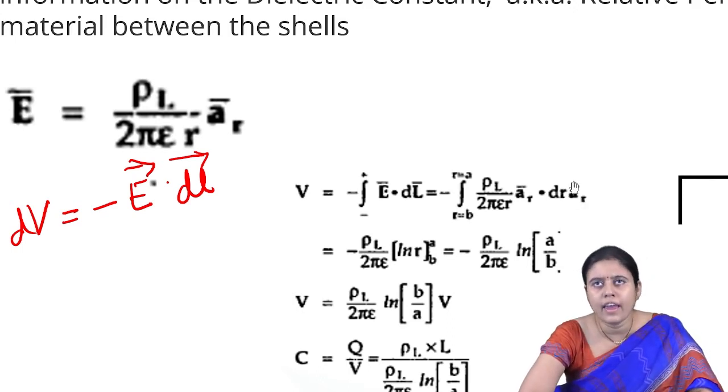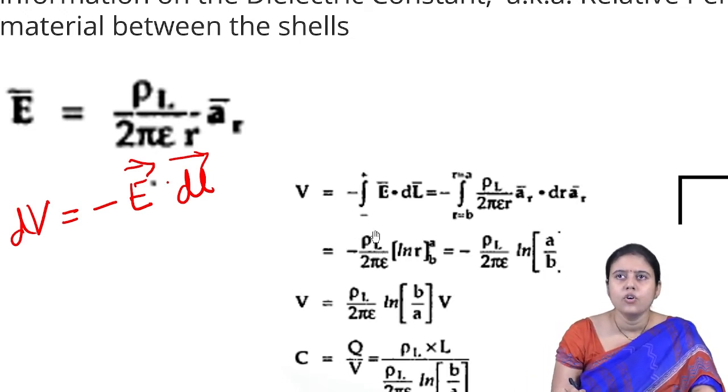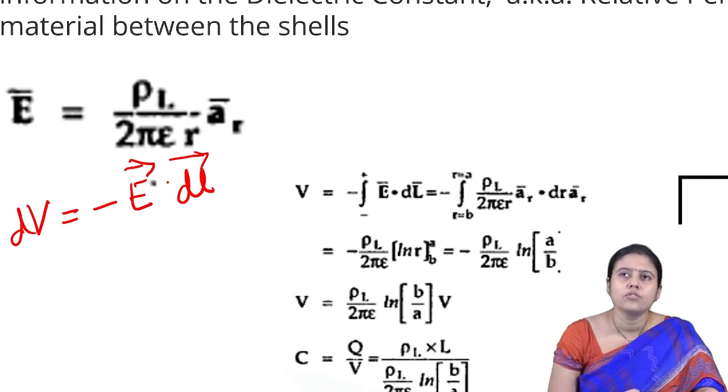Now AR dot AR is the dot product, the magnitude is 1, and the result is a scalar quantity. Here rho L by 2 pi epsilon is constant, leaving 1 by r dr.